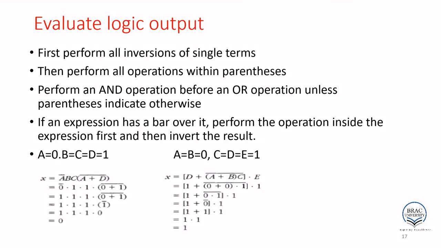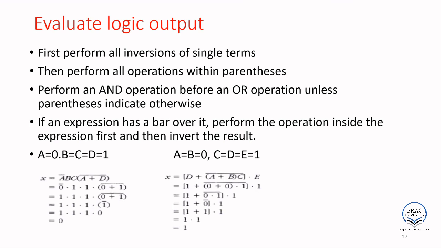Third, perform an AND operation before an OR operation unless parentheses indicate otherwise. So here you need to perform the AND operation first unless parentheses indicate otherwise. If you do the AND operation, as you have 0, it becomes 0.